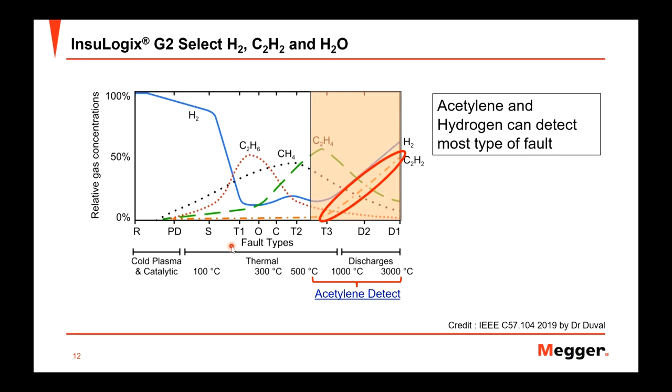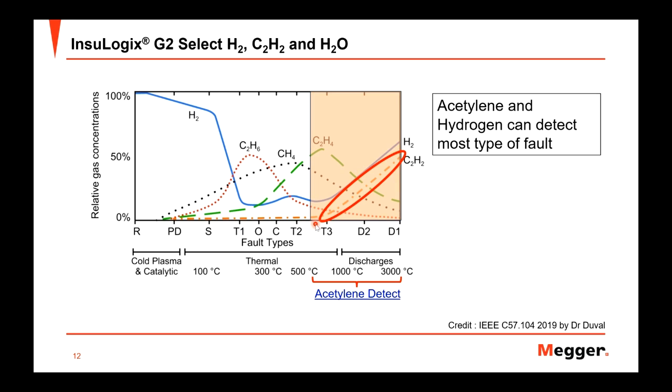We can also select the acetylene to be the key parameter to monitor the gas happening inside your transformer. Very simple, because the acetylene will be created if the temperature inside your transformer reaches 700 degrees Celsius.